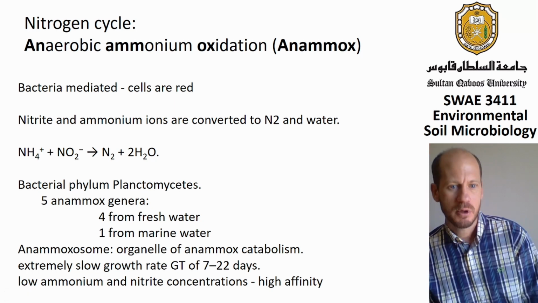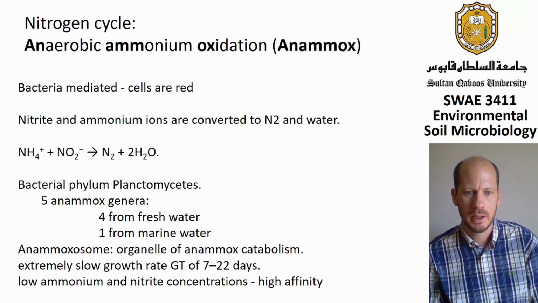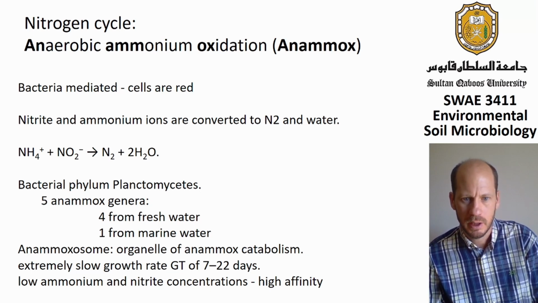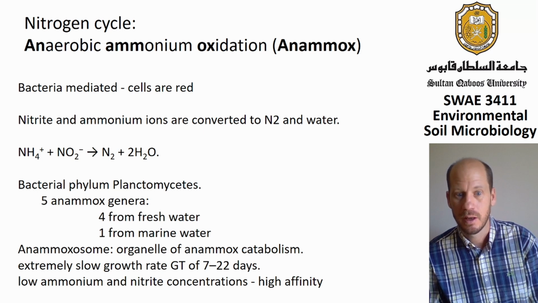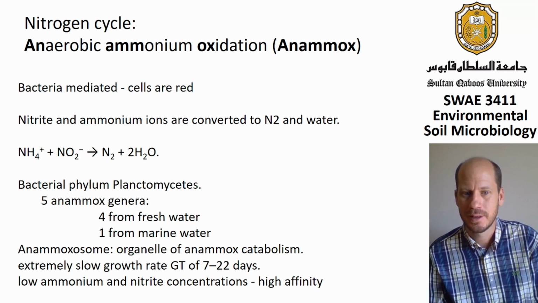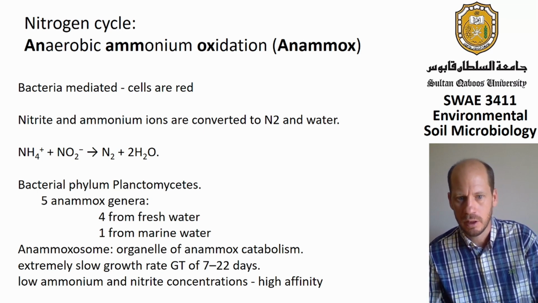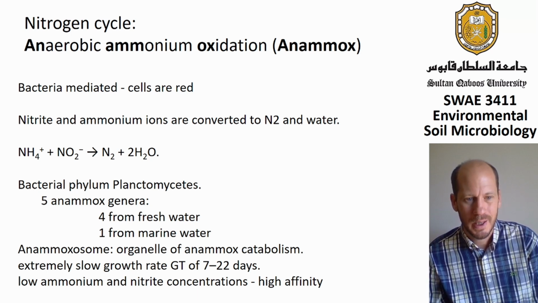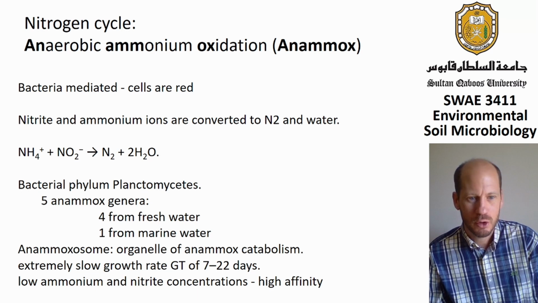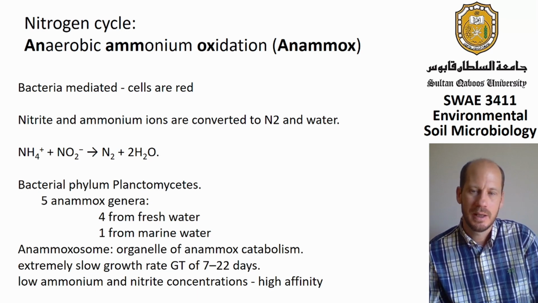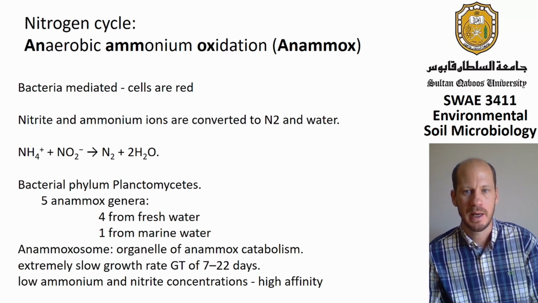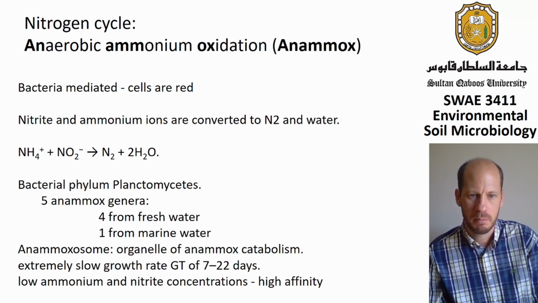So these enzymes are present on a structure in these bacteria. You remember that bacteria do not carry organelles because they're prokaryotes, but this seemingly organelle from these bacteria is called the anammoxosome. This is where the enzymes are, and they are responsible for this Anammox metabolism. Very interesting microbes.